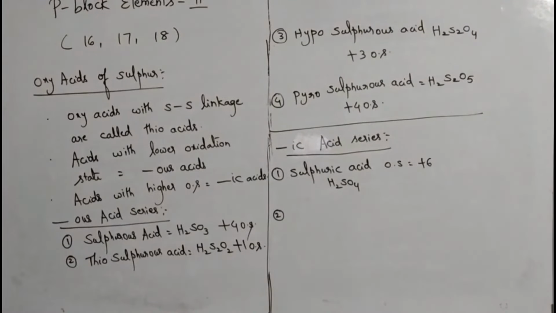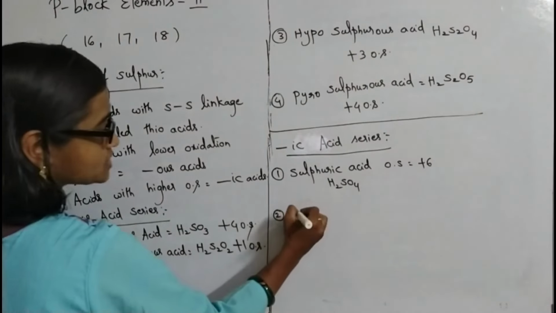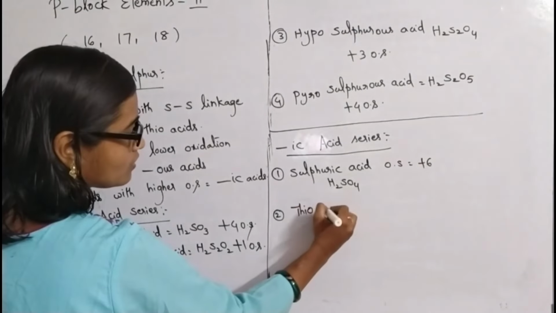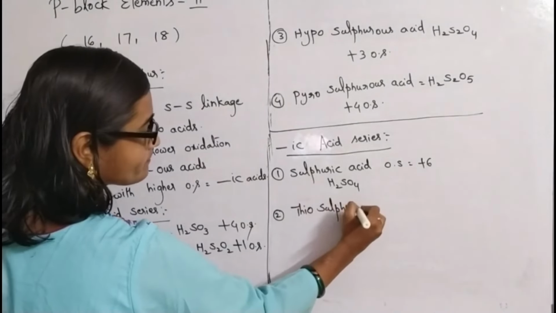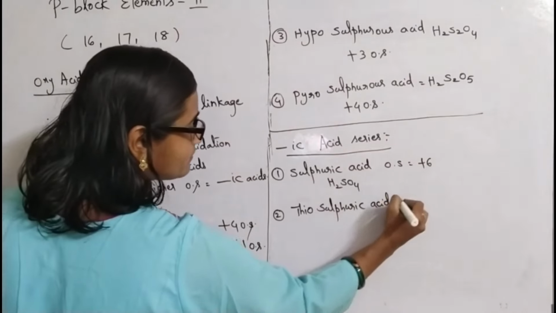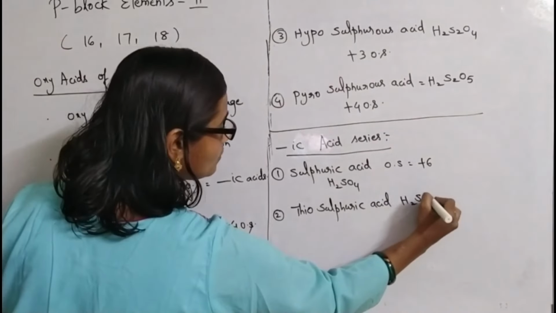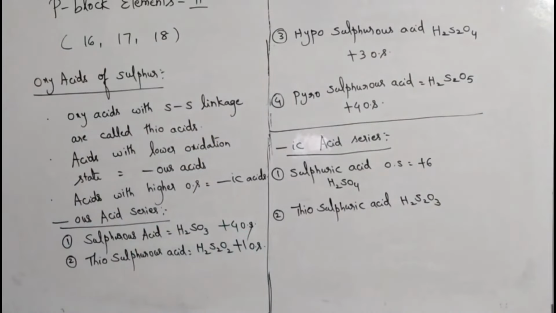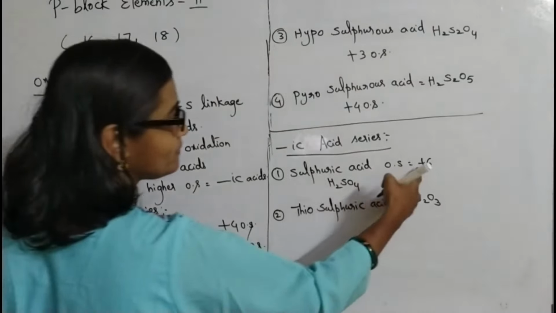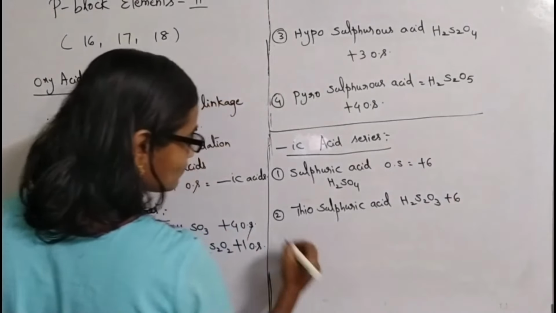Then thiosulfuric acid, H2S2O3. Here also sulfur has +6 oxidation state.